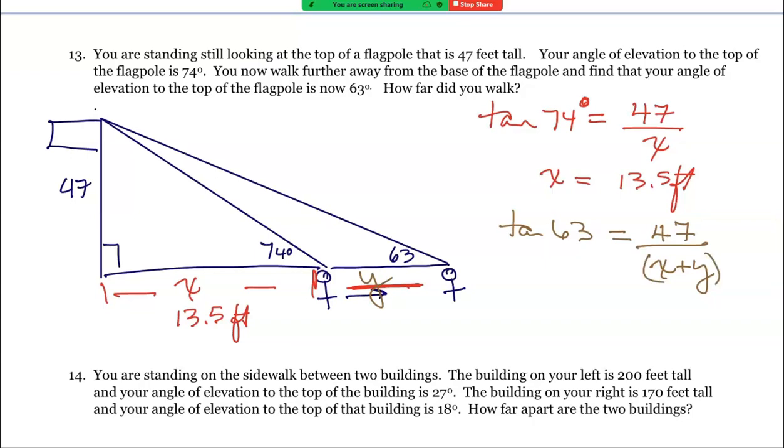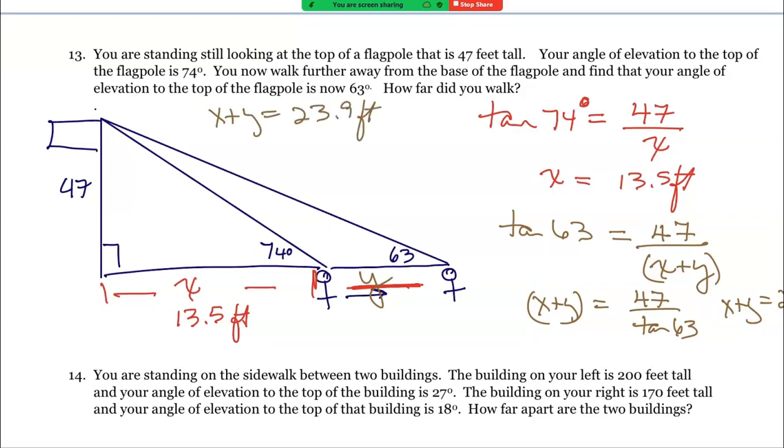So let's solve for x plus y. X plus y will equal 47 over the tan of 63. X plus y is going to equal 23.9 feet. So since x plus y equals 23.9 feet, and x equals 13.5, do a subtraction, and what do you get?